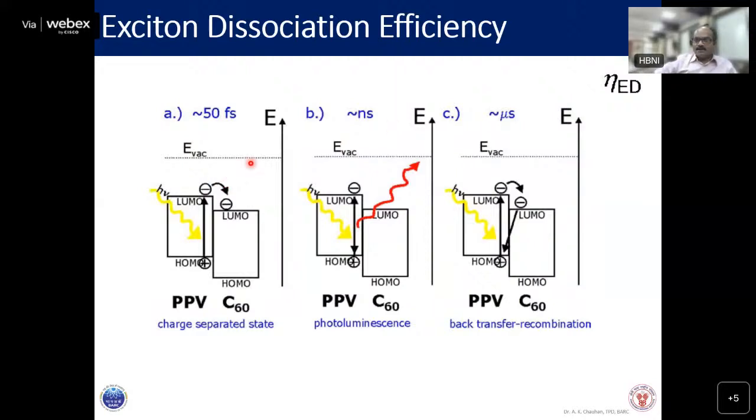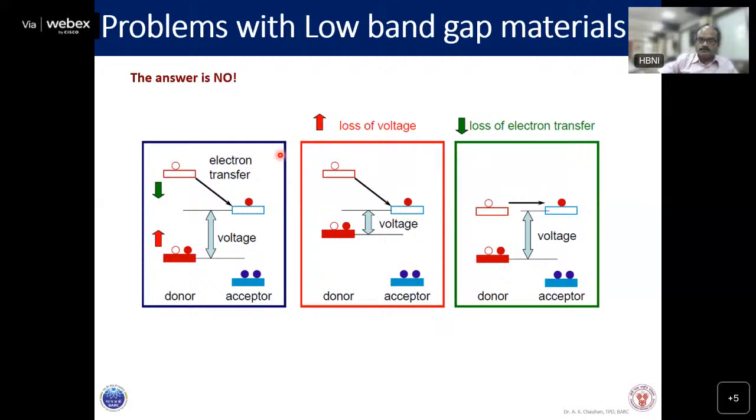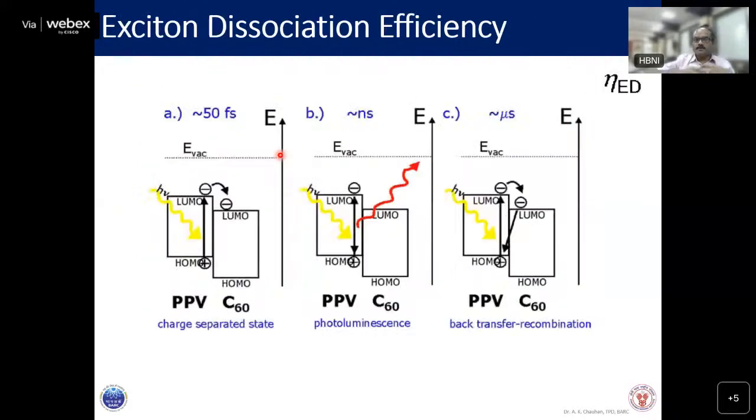What are the other important things? It is exciton movement, or you can say exciton dissociation. If you see the time scale, when a photon falls and an electron-hole pair is separated, an exciton is created, and the time scale is very short.